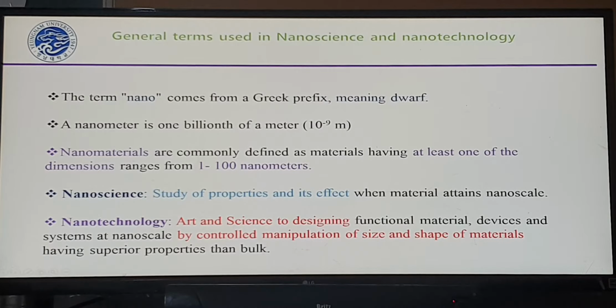As I mentioned earlier, in nanoscience or nanotechnology we need to study the properties, or make devices which show entirely different behavior from the bulk stage.